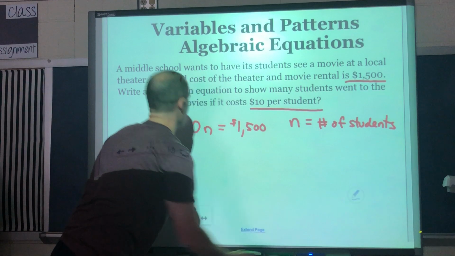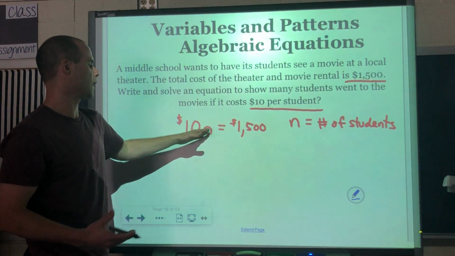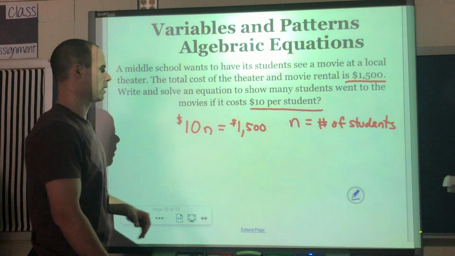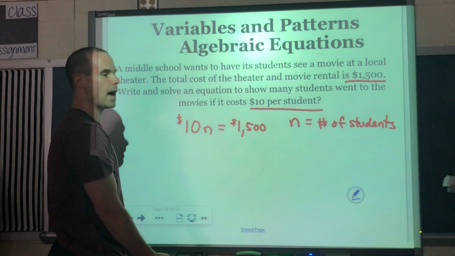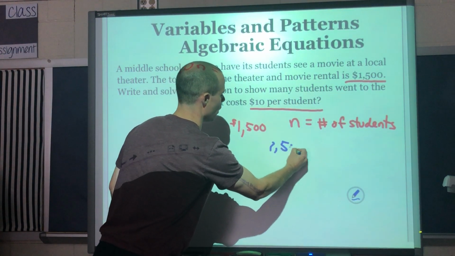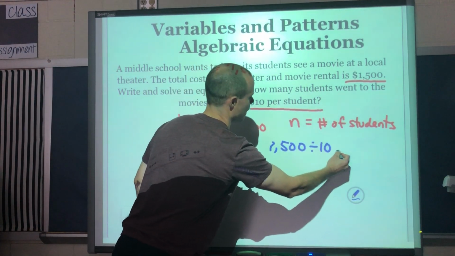So because we're missing part of a multiplication problem, what we can think about using is the inverse operation of multiplication, which is division. If I want to figure out how many groups of 10 there are in 1,500, I can really do 1,500 divided by 10.